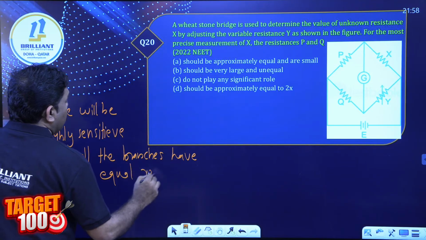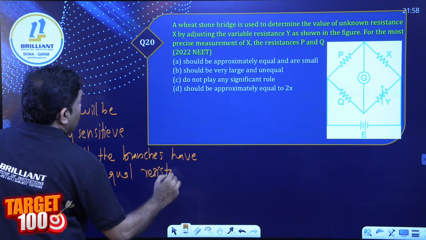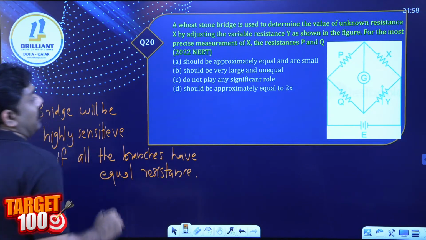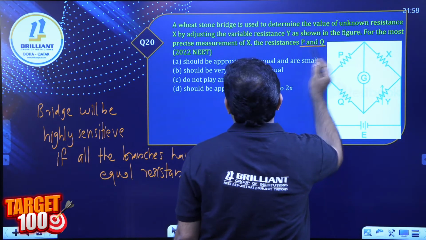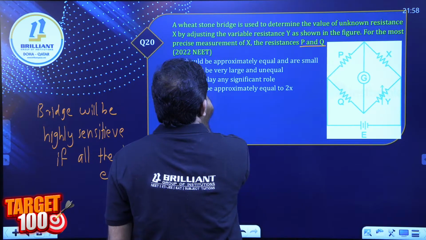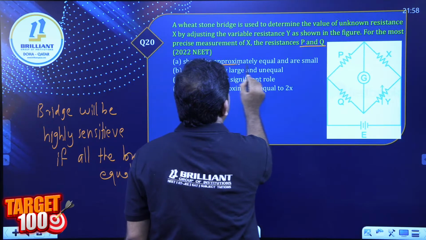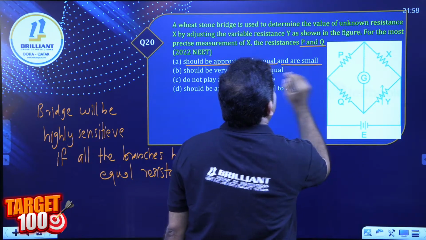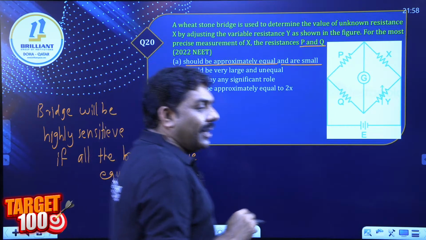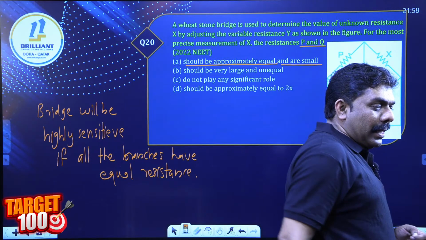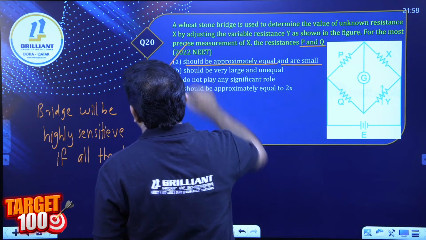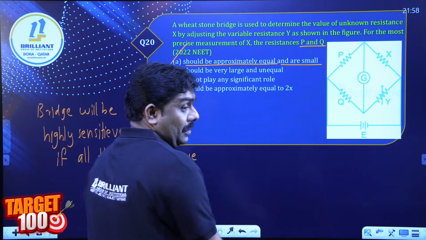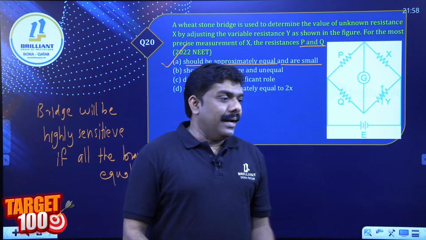So P and Q should be approximately equal and small. That's the right answer, option A. It should be approximately equal and small.